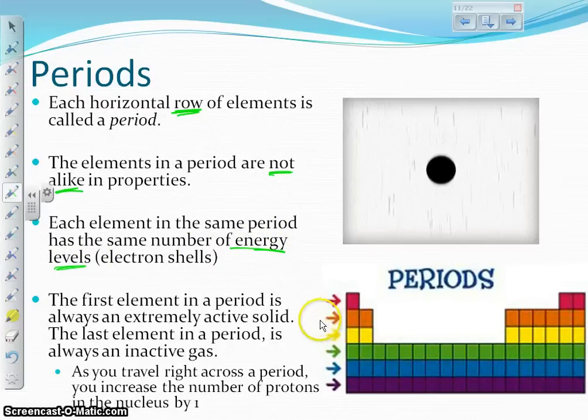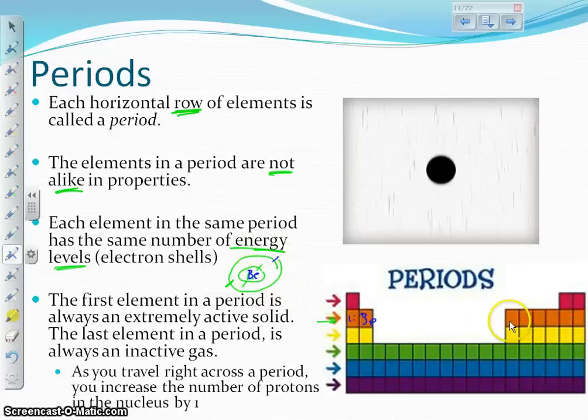So for instance, if we start off at our lithium here, we know lithium is going to have 2 electrons on the inner shell, and you're going to have 1 on the outer shell. If I change this up and say, alright, I don't want to do lithium, I want to do beryllium, beryllium is going to just have 1 more electron on that outer shell. So they have the same number of energy levels.